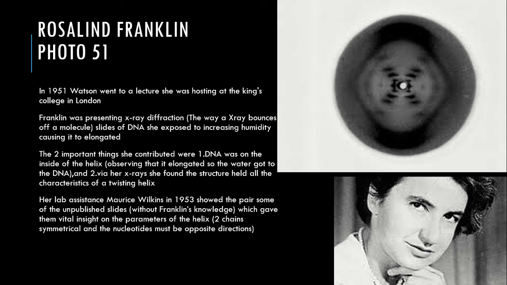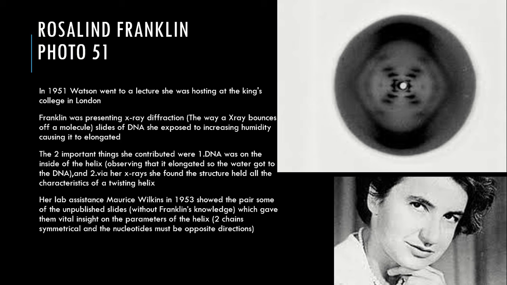In 1953, her lab assistant by the name of Maurice Wilkins showed the two, since they were working in the same lab, one of her unpublished slides, without her permission, of course.